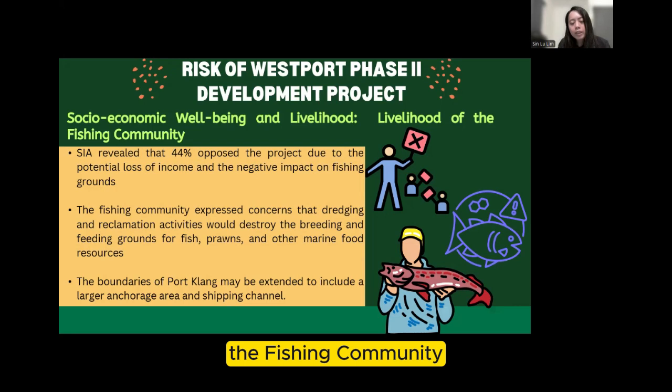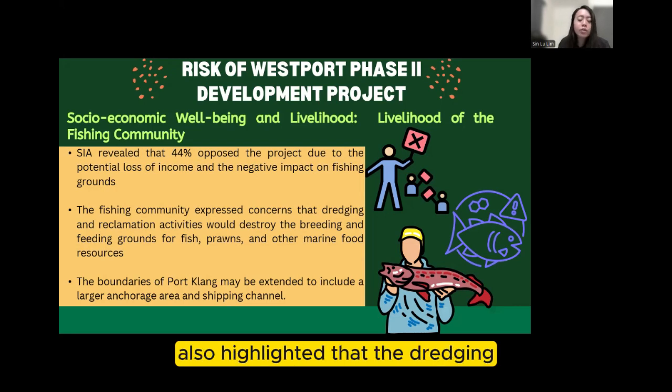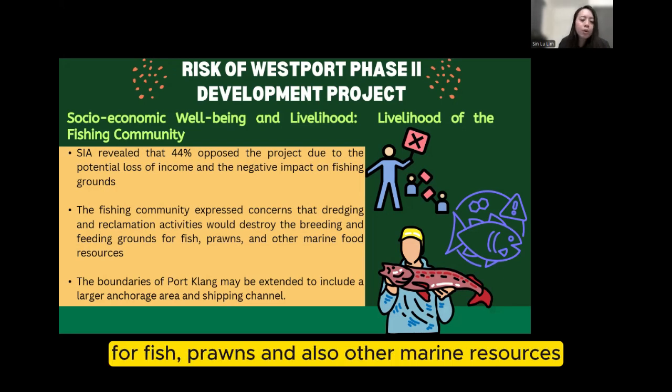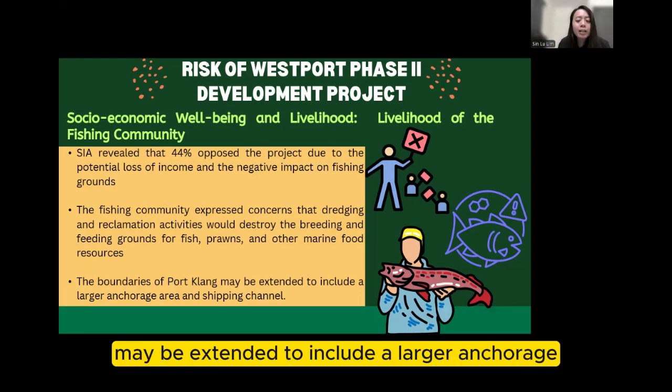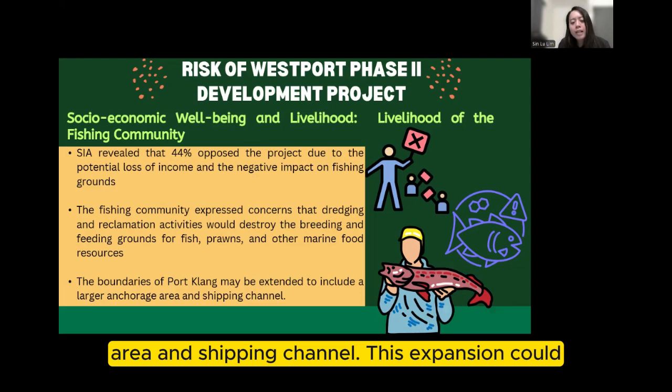The fishing community also highlighted that the dredging and reclamation activity could destroy the breeding and feeding ground for fish, prawns, and other marine resources. The fishing community also fears that the boundary of the port limit may be extended to include a larger anchorage area and shipping channel. This expansion could restrict access to more of the surrounding water, further threatening the livelihood of the local fishermen.